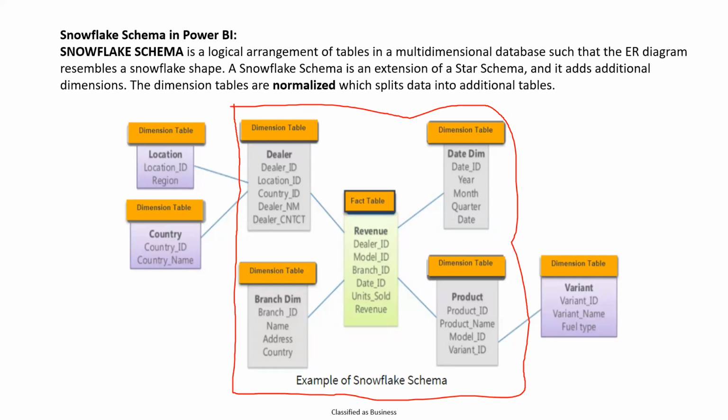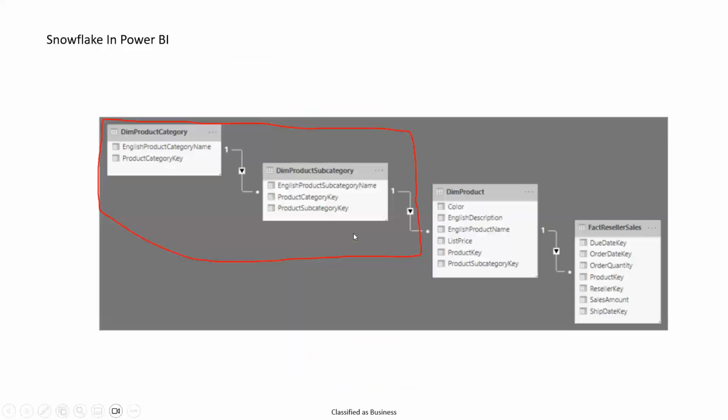Okay, so important, please remember. For example, the fact resellers table has one dimension. Up to this part I consider it a star schema, but the dimension product has a hierarchy. Sub tables are there: product subcategory and product category. This schema we call a snowflake schema. The dimension table has some subcategorical fields providing additional information.